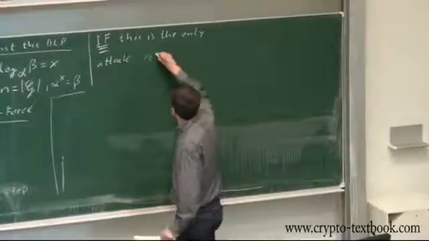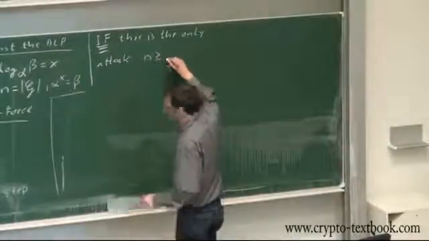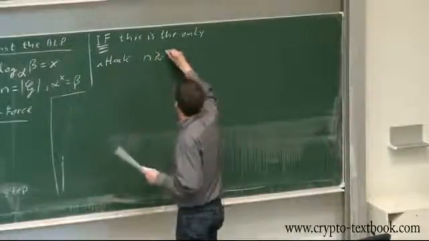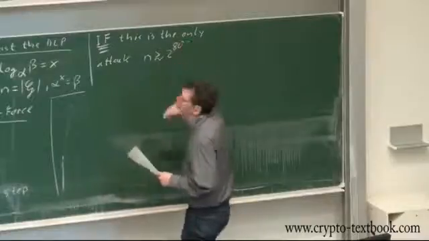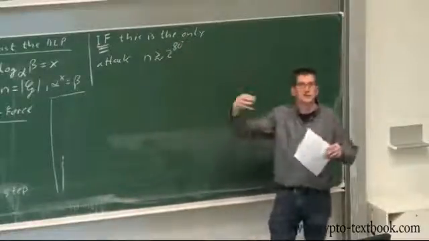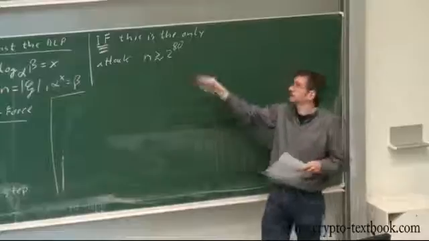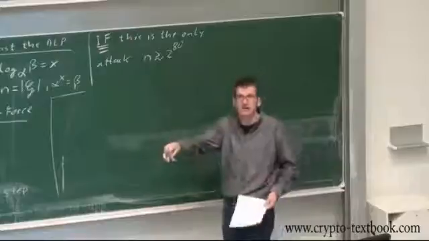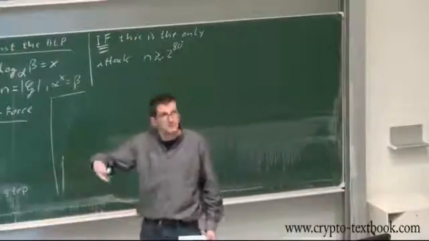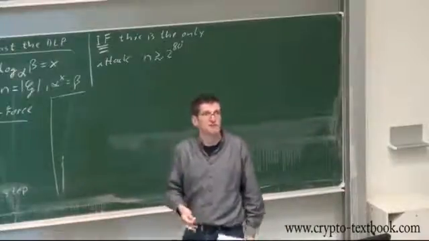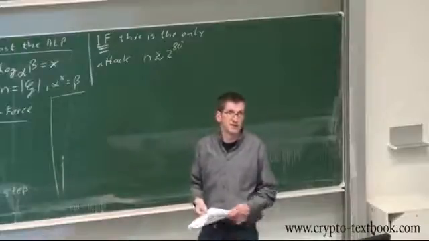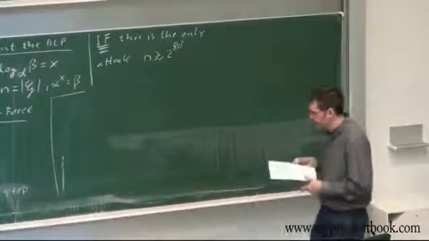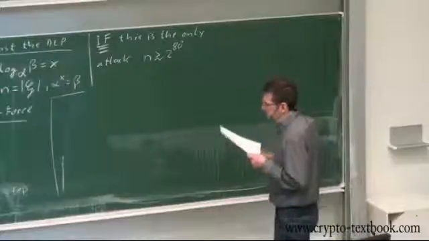So if this were the only attack, we would say, okay, n, that means the number of elements in the group, the group size, is at least 2 to the 80, okay? And why do we say that? Well, if you want to attack that, you have to do something around 2 to the 80 steps. You cannot do that today. You can probably do that in 15 or 20 years. Right now, it's pretty hard.